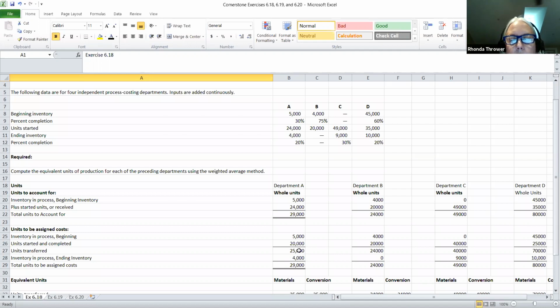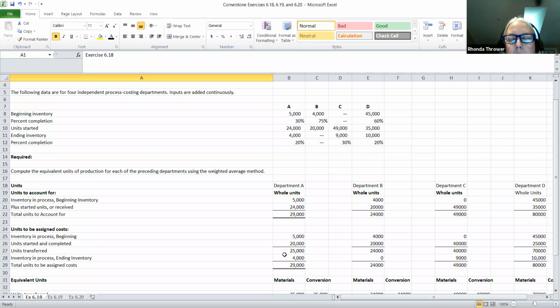Well, in this problem, we don't have the units transferred yet, but we do know that total units to be assigned cost are going to be 29,000, which we plugged in here. And we do know the ending inventory whole units. They've given you the ending inventory whole units at 4,000. So if you know the bottom figure and you know the ending inventory units, you subtract the ending inventory units from the total units to be assigned cost, and that will tell you what the units transferred are.